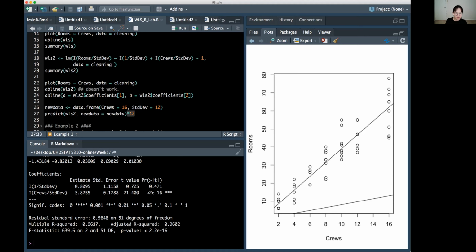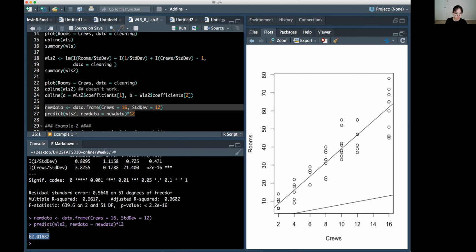Now we have to transform it back to the original scale. If you use the predict function directly, what you get is the transformed value. You have to multiply the standard deviation back to it in order to get the original value. So this is your prediction. This is the tricky part. Just do not forget to untransform this y after.